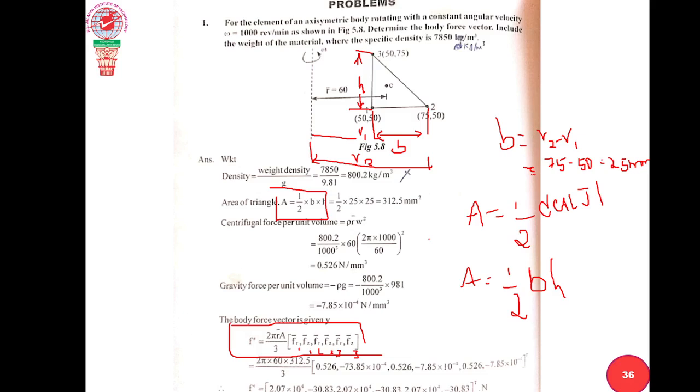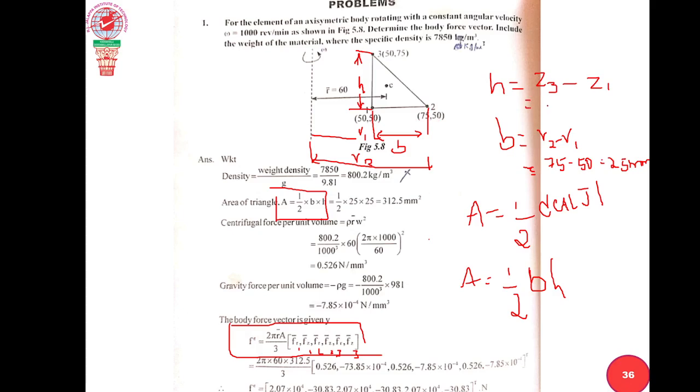Similarly, can anyone tell me what H becomes now, the height of the triangle? Z3 minus Z1, or Z2. Z2 or Z1, both are the same, 50-50 only.